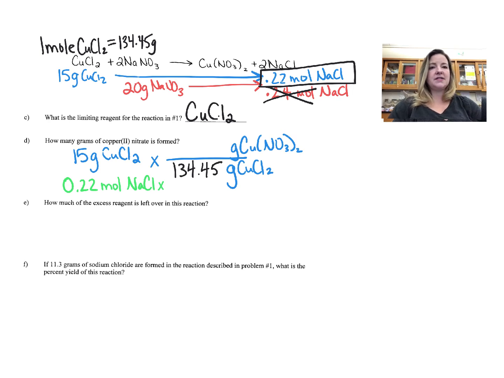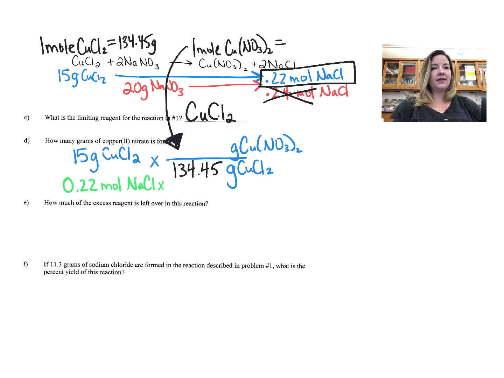Now remember, this wants us to find how many grams of copper nitrate. If I look at my balanced equation, it says just 1 mole of copper nitrate. So take a minute, pause the video, and find out what the molar mass of copper nitrate would be. Since we just need 1 mole of it, according to our balanced equation, that's what's going to go on the top of our conversion factor.